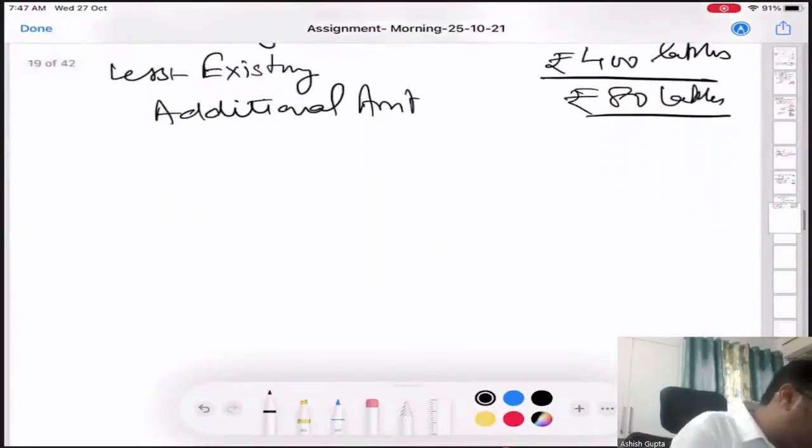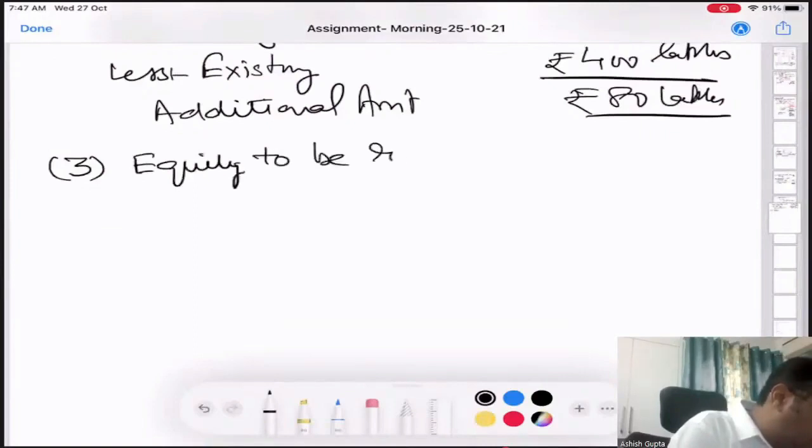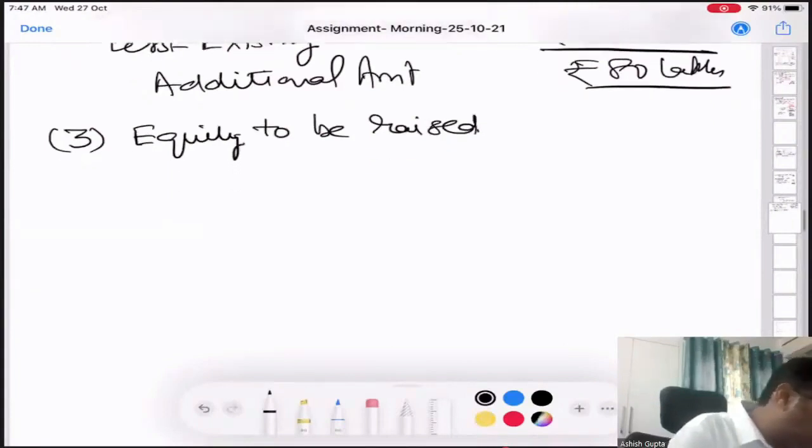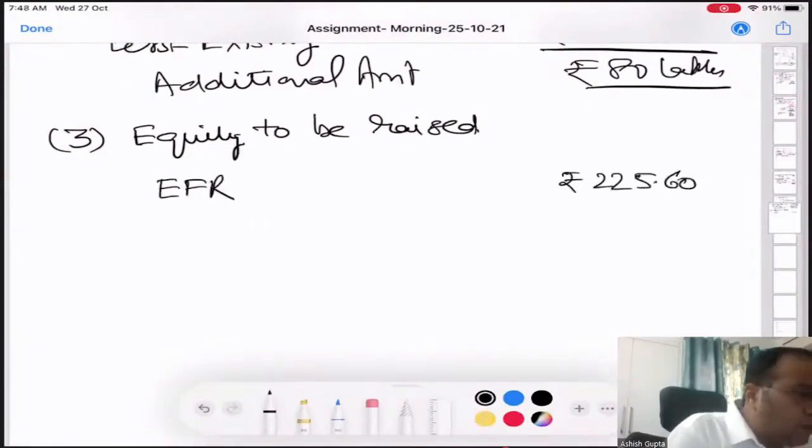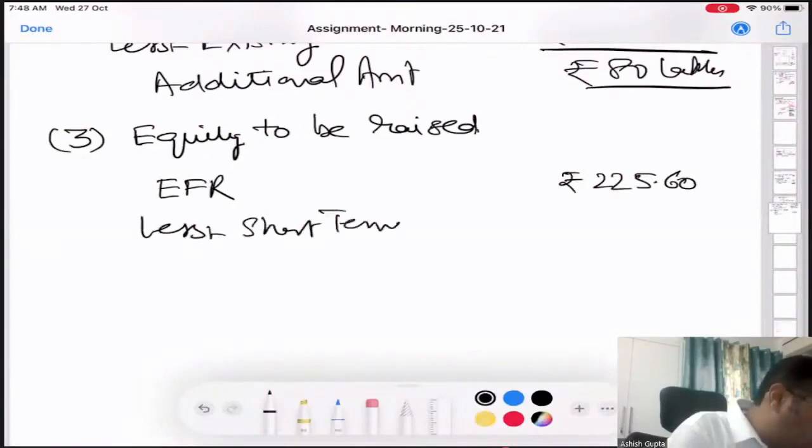Now we are coming to the third part. Less short-term loan.